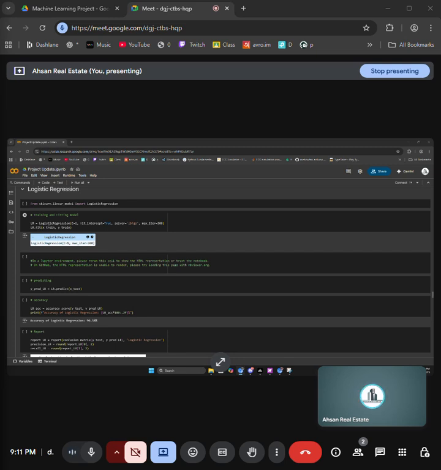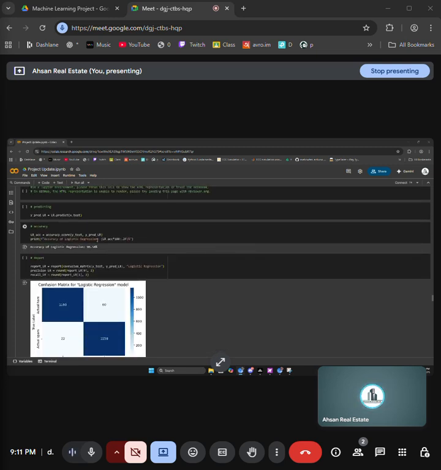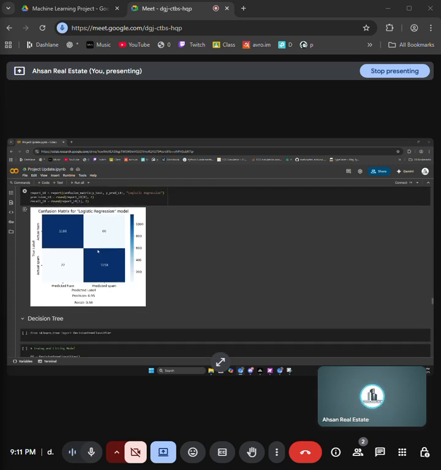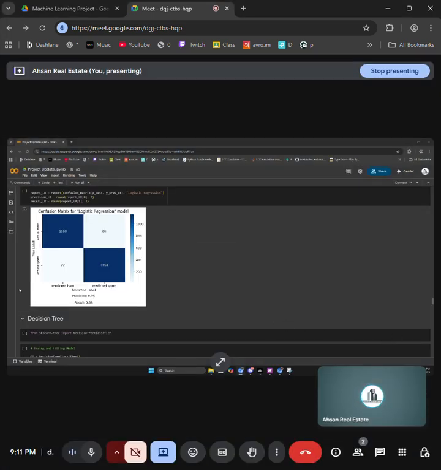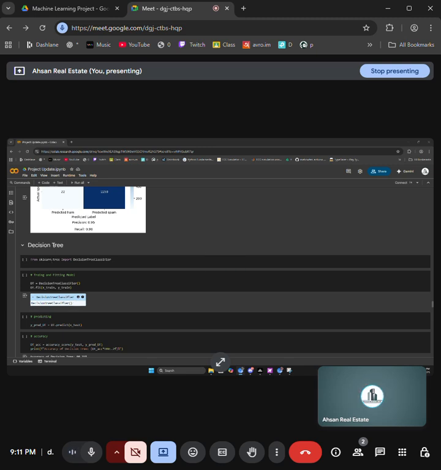We found that the logistic regression model performed better than Naive Bayes, with an accuracy of 96.58%, a precision of 95% and a recall of 98%.